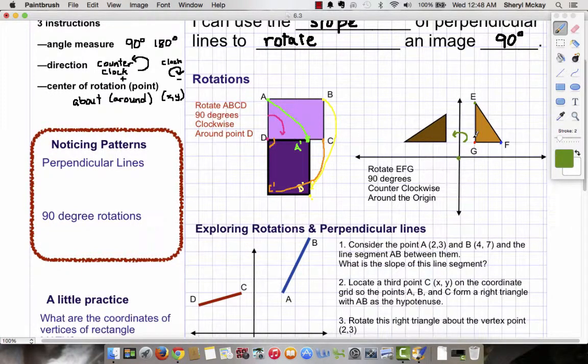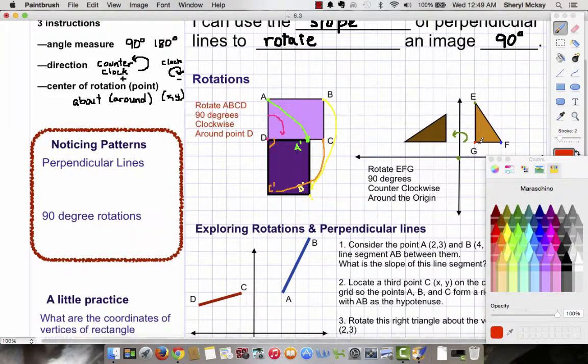Okay, so let's think about where each of these points ends up. So we've got G, which rotates around to this point right here. We'll call this one G prime. And then we have E, which rotates all the way around to the tip over here.